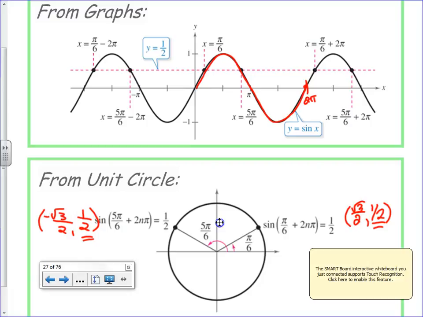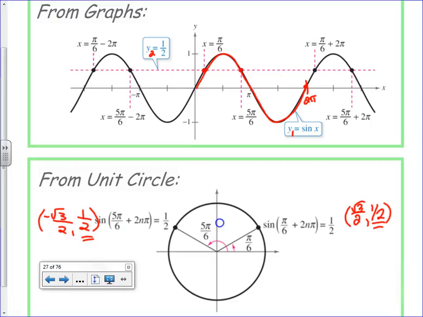We could technically graph y1 to be sine, y2 to be 1/2, and we could find little intersections, which in degrees are going to give us nice numbers, and radians are going to give us really nasty decimals. And those technically will be answers as well. And when we add 2 pi, we're just going to the exact same spot, but on another wave.